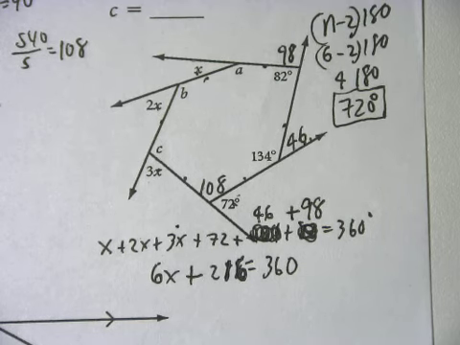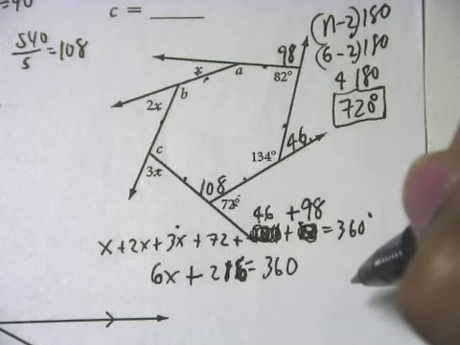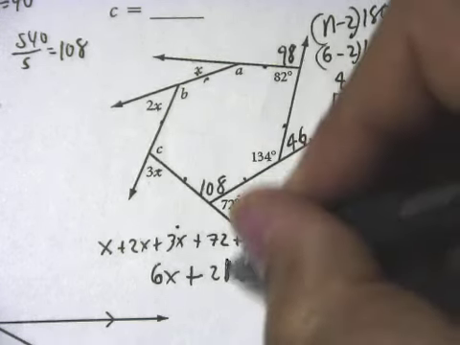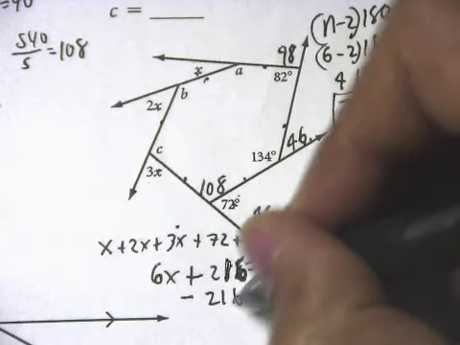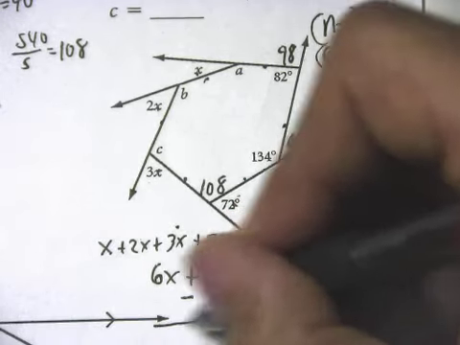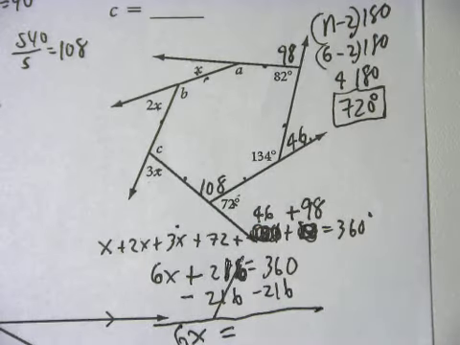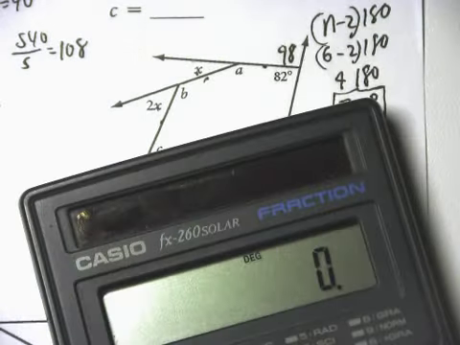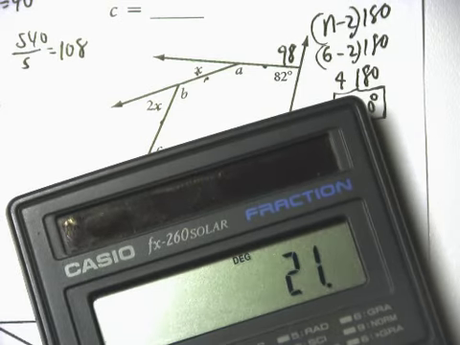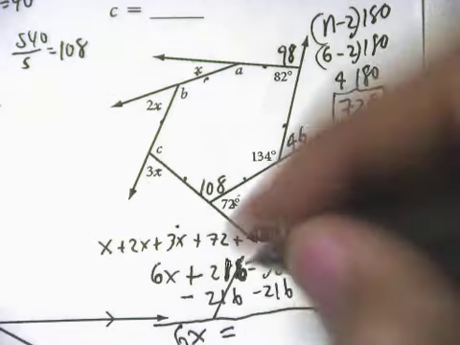There we go. These are all my exteriors. x plus 2x plus 3x plus 72 plus 46 plus 98 is equal to 360. So I still get 1x plus 2x plus 3x is 6x. Let's add these numbers again. 72 plus 46 plus 98 is equal to 216. My mistake.